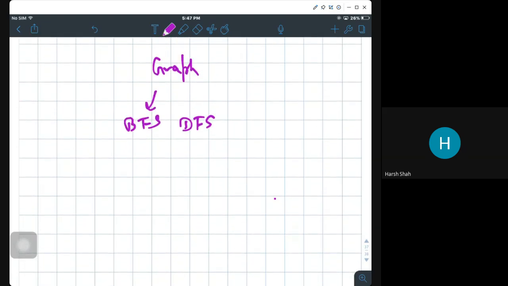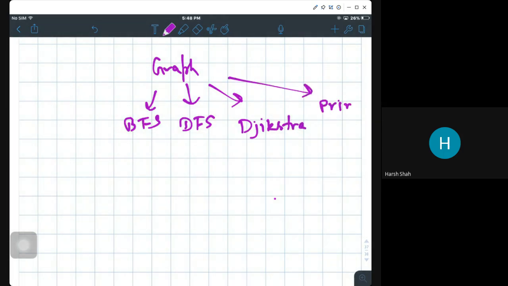In end term, they don't ask many questions on Riemann sums. We have BFS, DFS, Dijkstra, and I'll do Prim's or Kruskal's. Apart from this, if you have any doubts, kindly say it now.